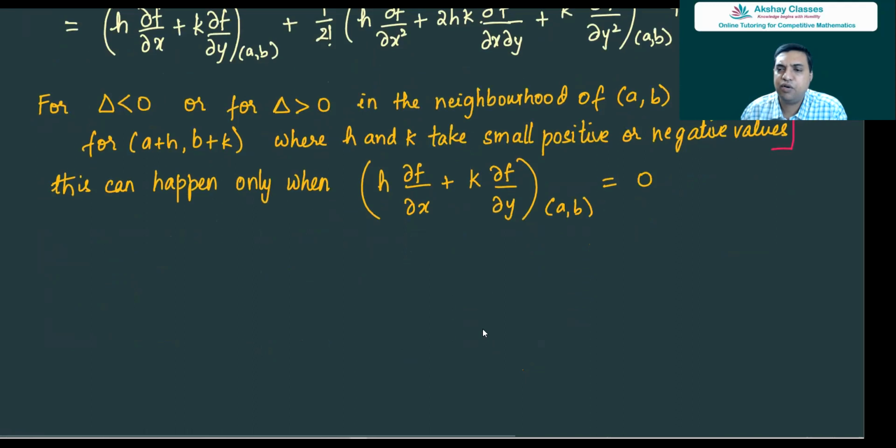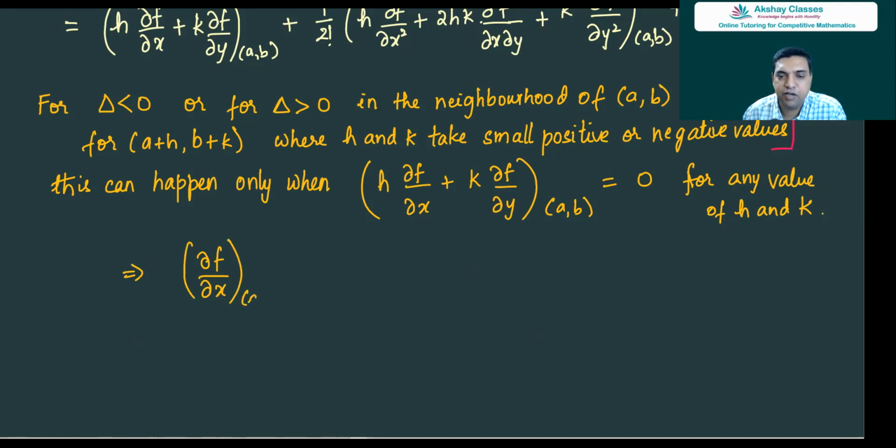Now this is independent of h and k, right? H takes the value, whatever. This should be 0. For any value of h and k, this should be 0, which implies dou f by dou x at a comma b should be 0, and dou f by dou y at a comma b should be 0.